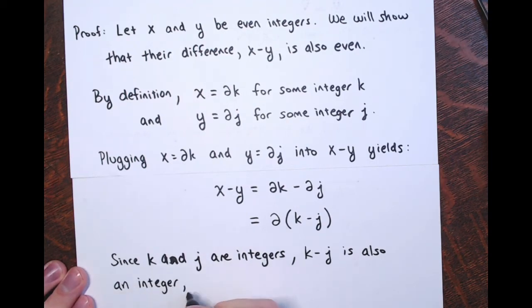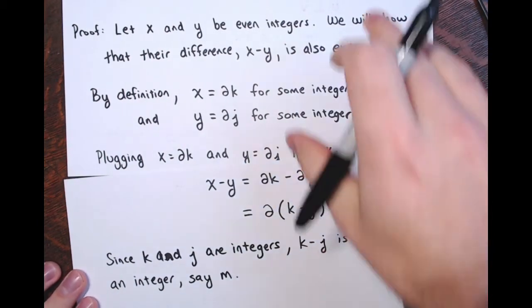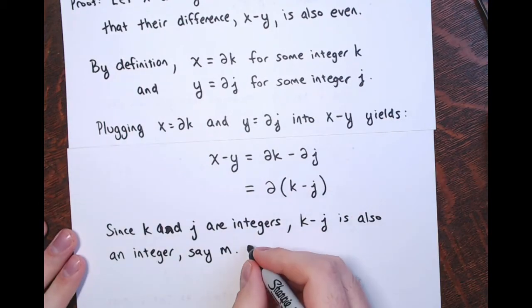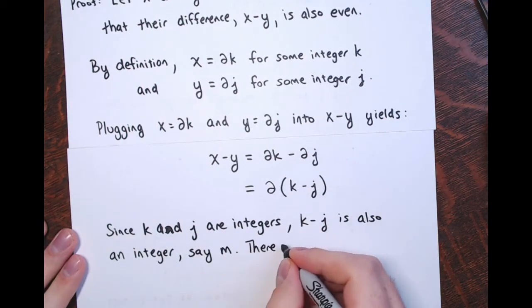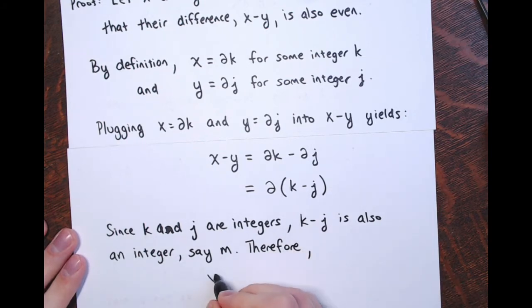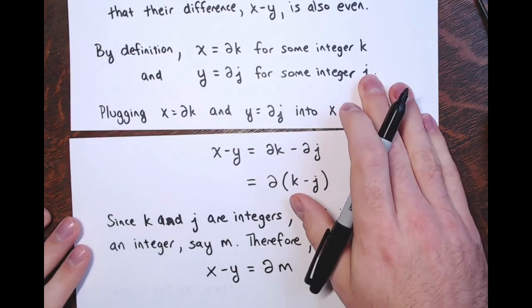Let's say m again, just a new letter that I haven't used. Therefore, x minus y is equal to 2 times m for an integer m.